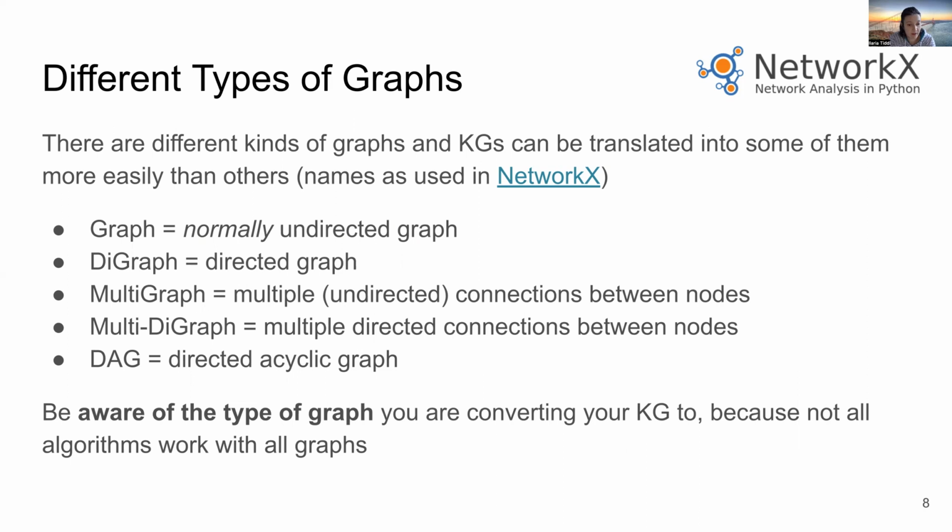You might have a multigraph where you have multiple connections between the nodes in an undirected graph, and we talk about a multi-digraph when your connections are directed. A DAG is often defined as a directed acyclic graph, so there are no cycles in the path between the nodes.